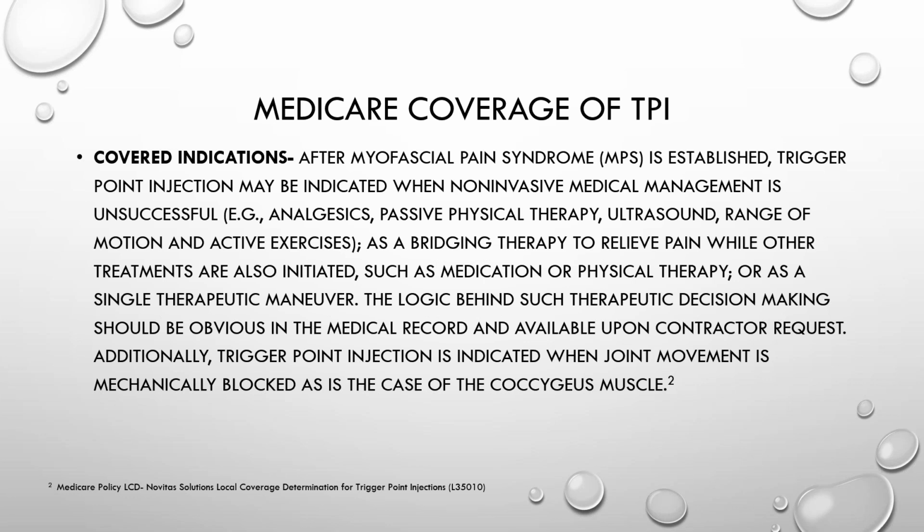Essentially, what that means is that you must have supporting documentation to substantiate the need for these trigger point injections. Additionally, trigger point injection is indicated when joint movement is mechanically blocked, as is the case of the coccygeus muscle. Again, I'm taking this directly from the Medicare policy LCD.